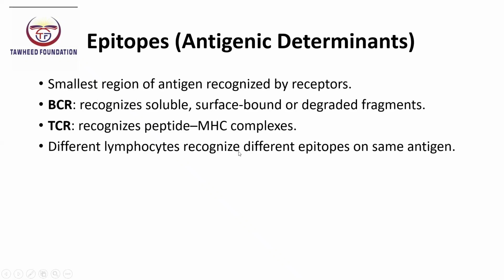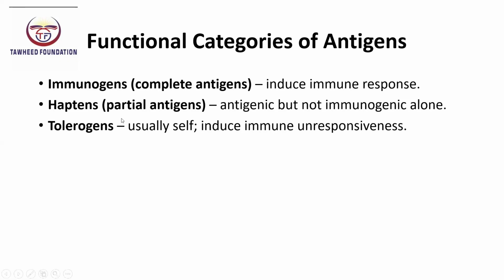So, based on the type of immune responses they generate, antigens and their epitopes can be divided into three broad functional categories, that is, immunogens, haptens, and tolerogens. This classification highlights that not all antigens behave the same way in the immune system. So these are the three functional categories of antigen.